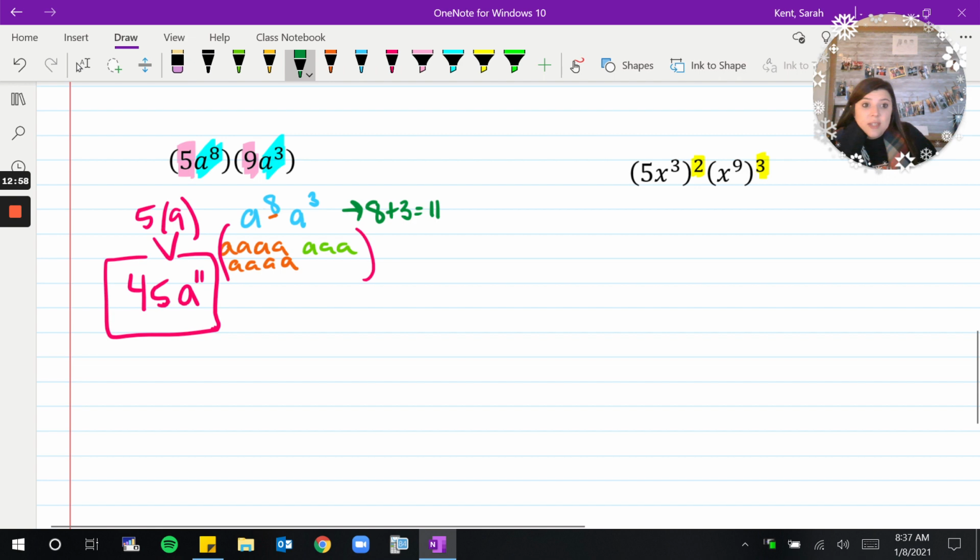So this 2 tells me I've got 2 of these groups. So I've got 5 times x to the power of 3, and then I have another 5 times x to the power of 3. I've got 2 of those groups. Then x to the power of 9, I have 3 of those. So I'm going to write x to the power of 9 3 times.